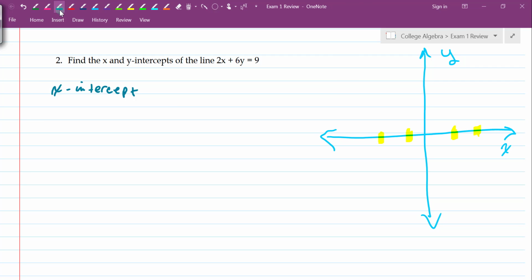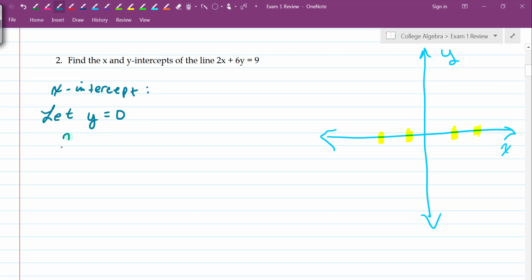So if y equals 0, that's exactly what we're going to have to plug in for our equation to find out what our x value would equal when y is equal to 0, meaning that we are on the x-axis. So let y equal 0.